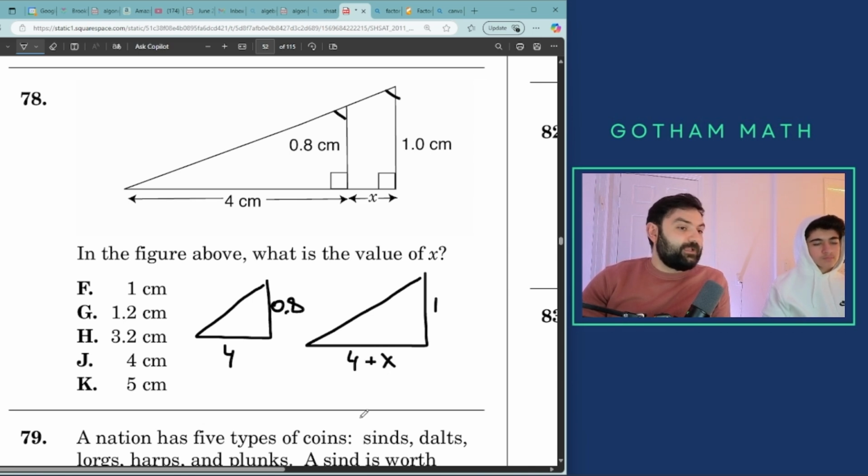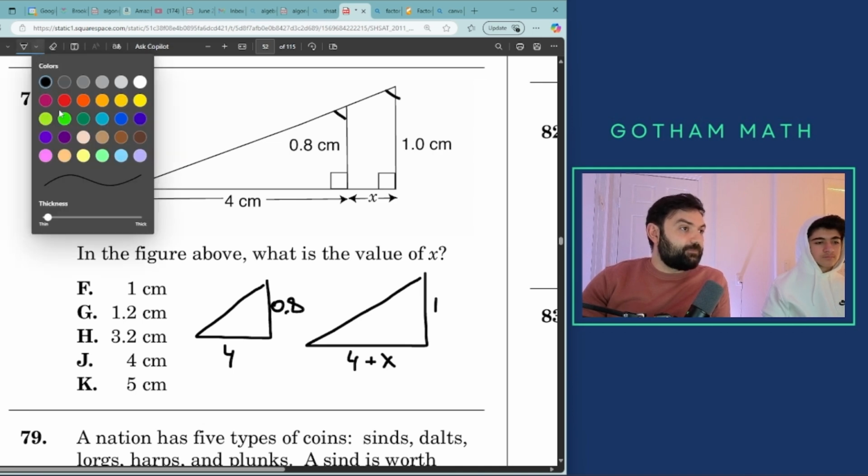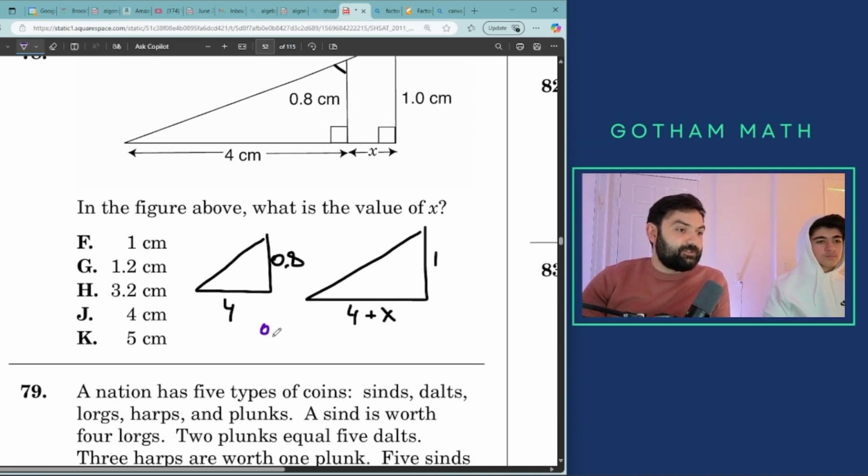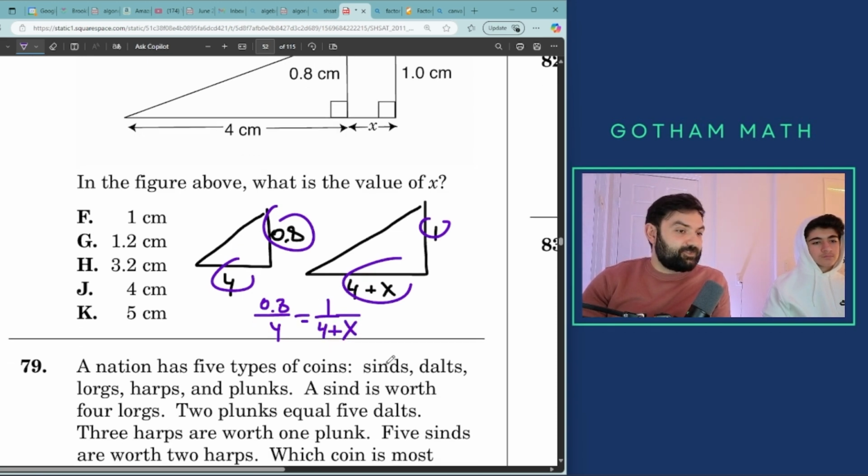Then we can create a proportion: 0.8 over 4 equals 1 over 4 plus x, and you just solve it.